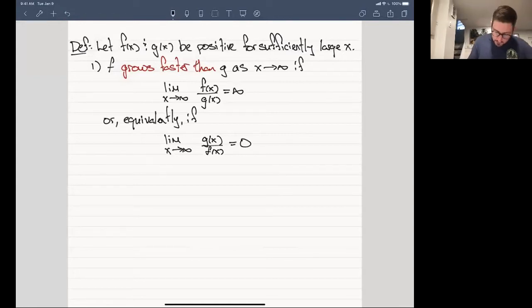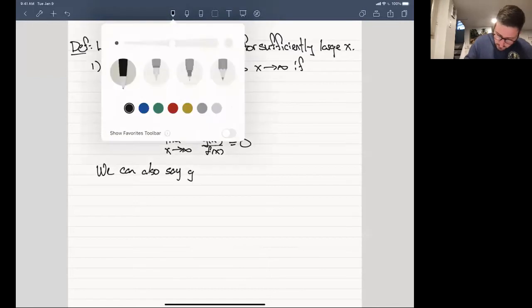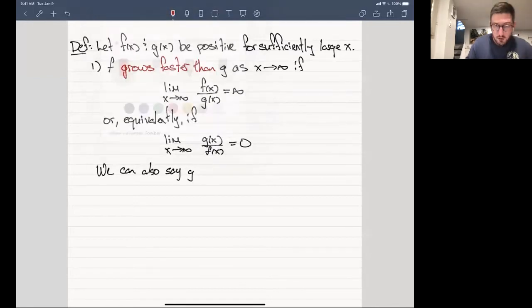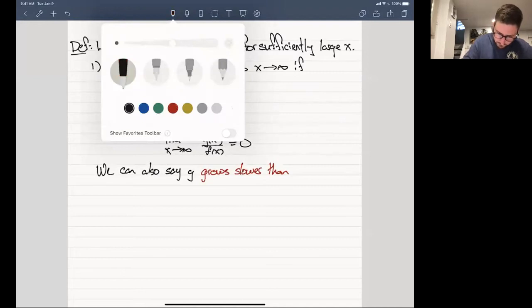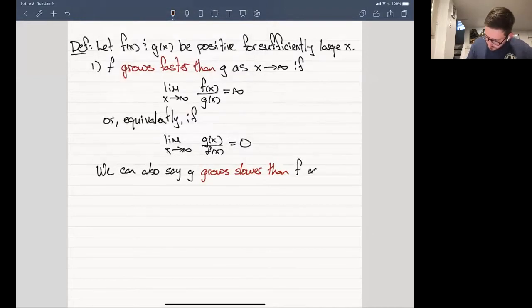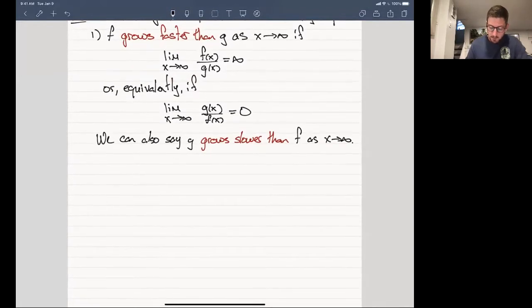We can equivalently say, so we can also say, g grows slower than f as x goes to infinity. So both of those things are perfectly valid to say. They mean exactly the same thing. They can be quantified using those limits.